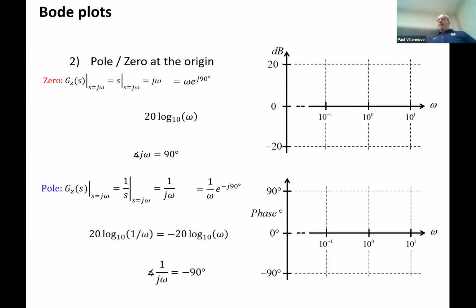This one's not intuitive. It's going to increase right off the bat, right? So as my frequency starts, it's going to go up or is it going to go down?